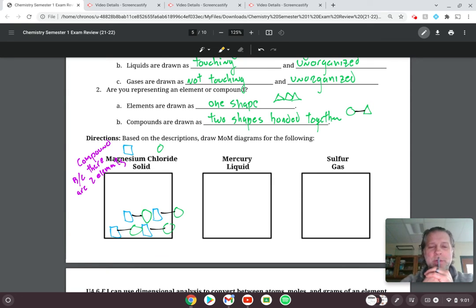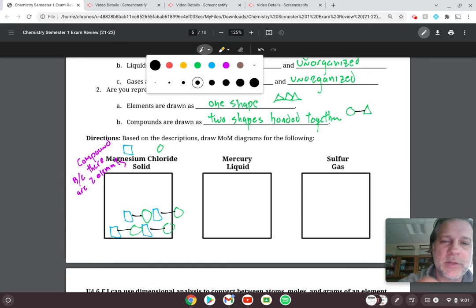So I'm just showing that they are organized. There is a pattern here. It's like square, circle, square, circle, and they are bonded together. In my case there's this pattern of some diagonal, like the squares are not necessarily touching each other, but it could be drawn differently as long as it's some organization.